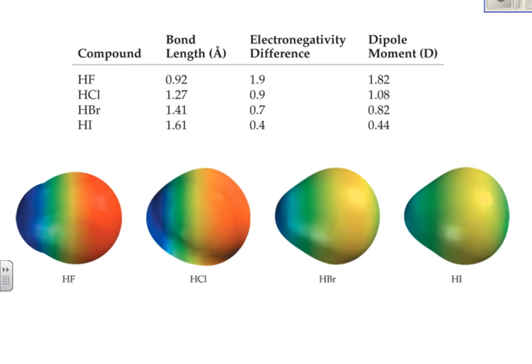So when we look at this, we have a 0.4 difference in electronegativity. We also have a much bigger bond length with that one. So our dipole moment then becomes much smaller as we get larger. This is going to have an implication when we start talking about intermolecular forces, boiling points, vaporization, heats of vaporization, those types of things.